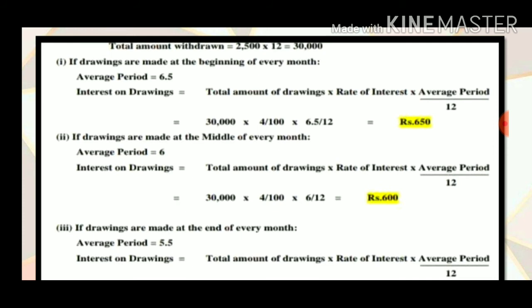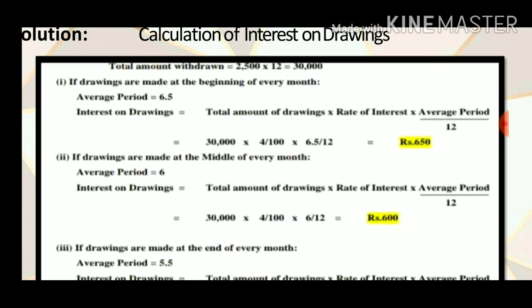Interest on drawing equals the total amount of drawings made during the year into rate of interest per annum into average period divided by 12.